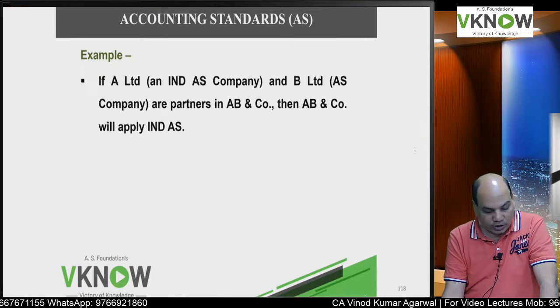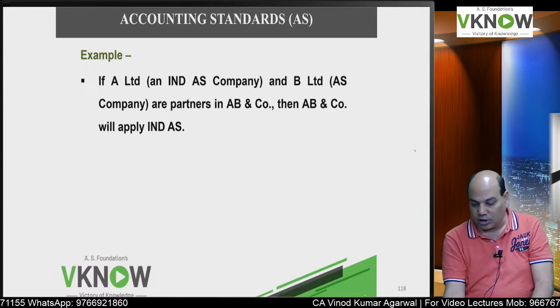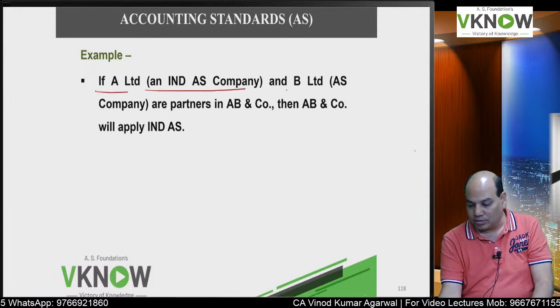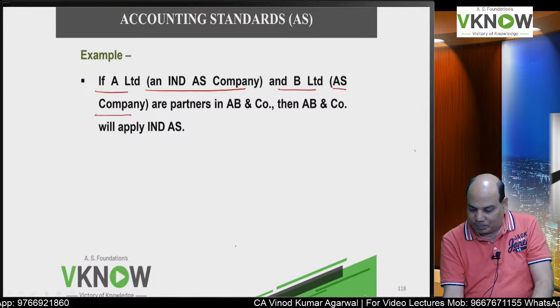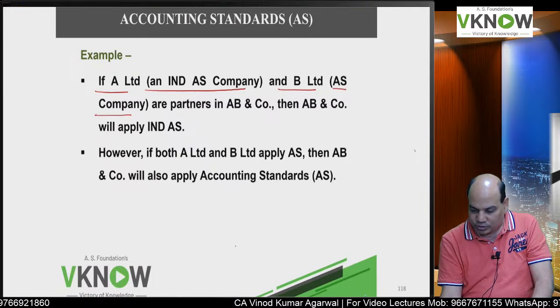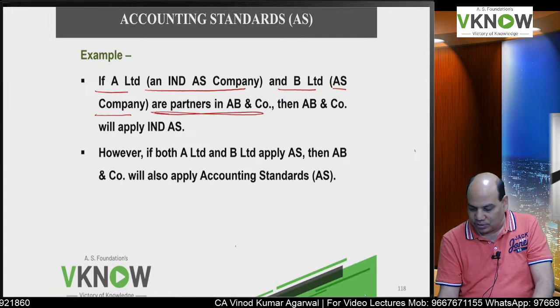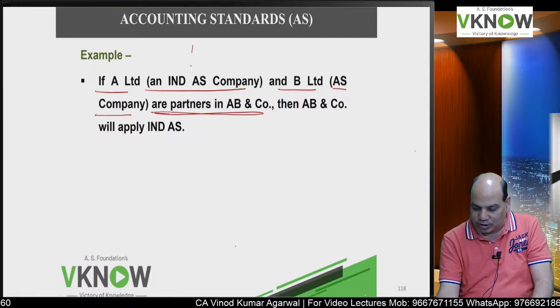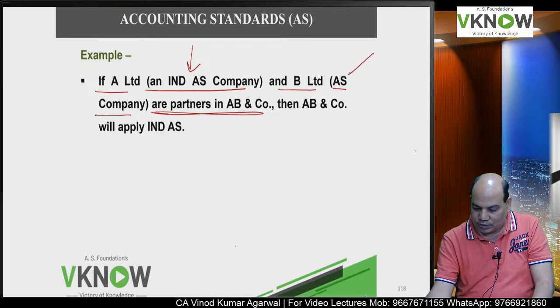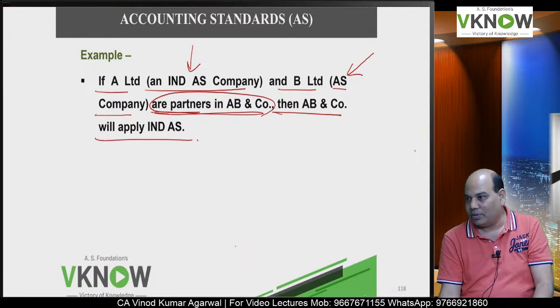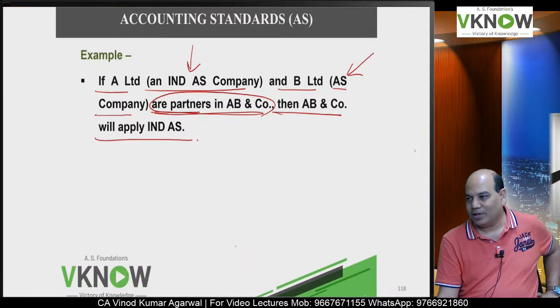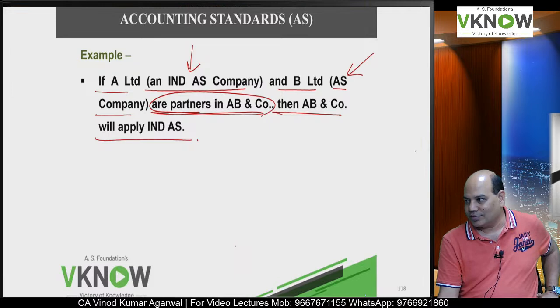Okay, one example I will take. A Limited, an Ind AS company, and B Limited, an AS company, are partners in AB and Company. Oh my God. One Ind AS company, one accounting standard company are partners of AB and Company. Then what about AB and Company? Will it apply AS or Ind AS?